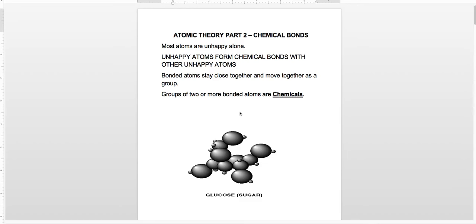We have all kinds of relationships that we form with humans because we're social and we have a need to connect with other people. And atoms are social too, and they actually have a need, and we'll talk about what gives rise to that. They have a need to form chemical bonds with other atoms to create groups.